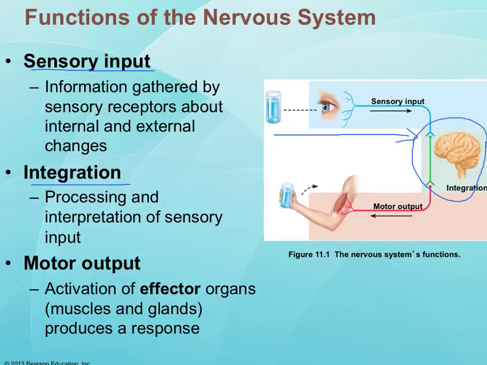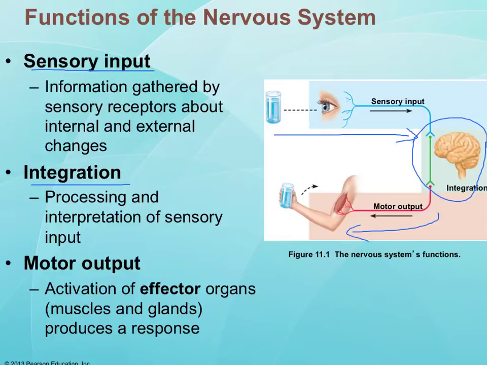Since your brain makes the decision, you think, I want to drink it, then your brain will control your muscle to move your hand to grab that cup of water, which is the output here.